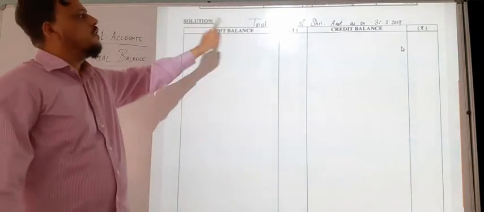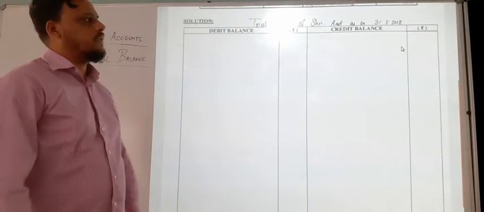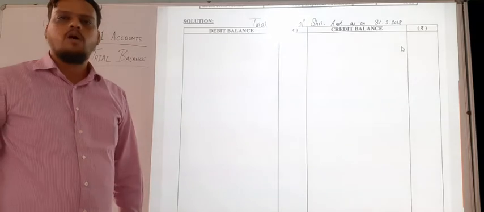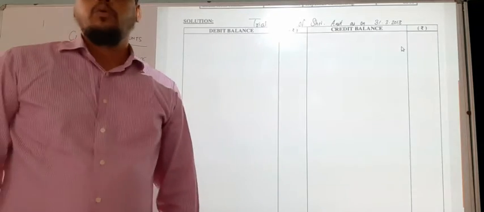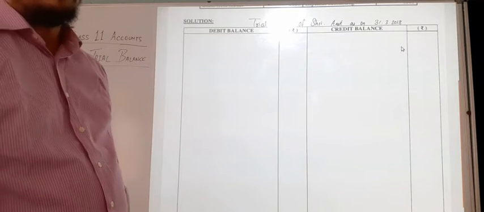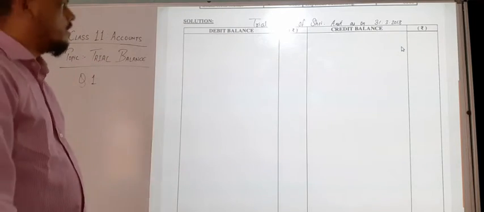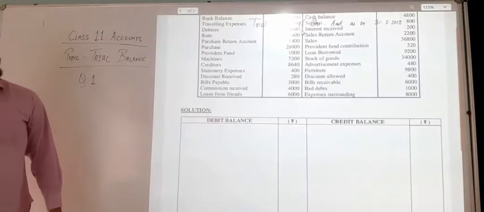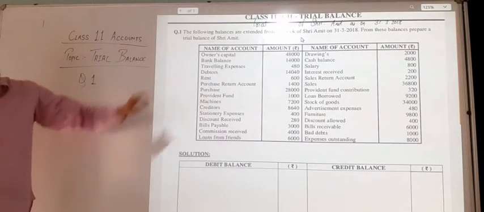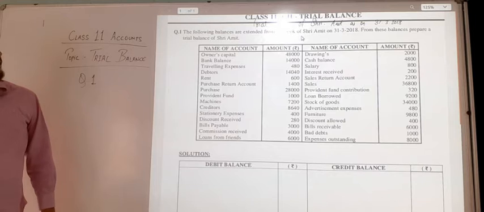I have said trial balance of Sri Amit as on 31st March 2018. So now I am going to write all the debit side contents one by one and credit side one by one. First thing you should know, owner's fund comes under the title of credit side.